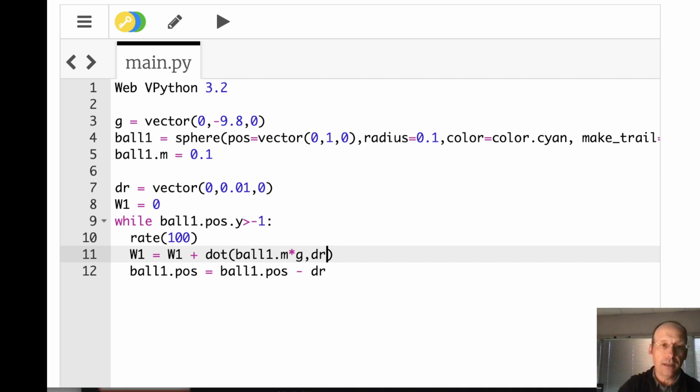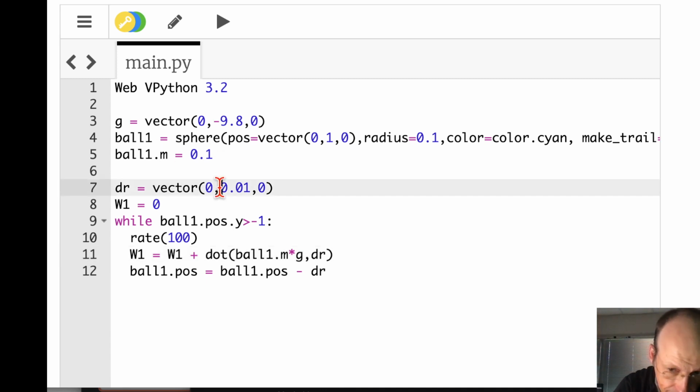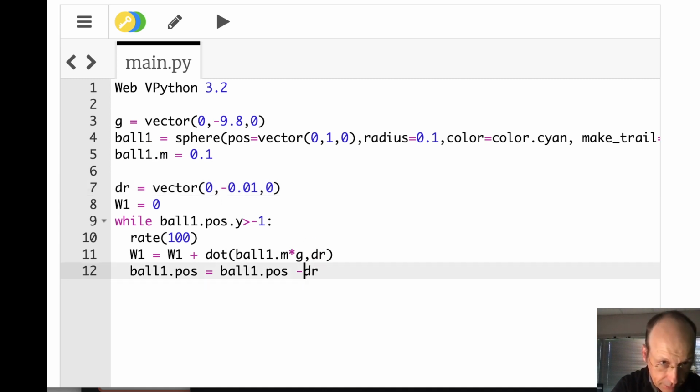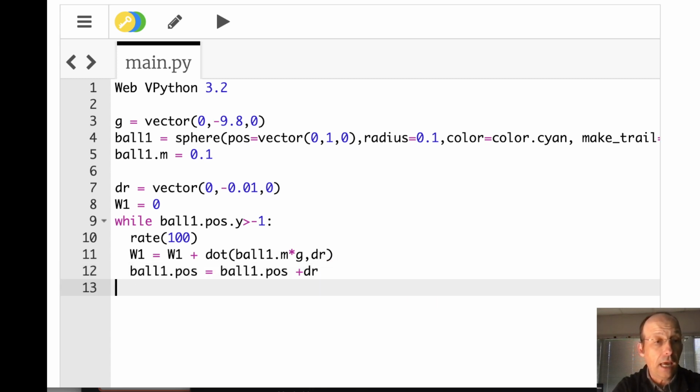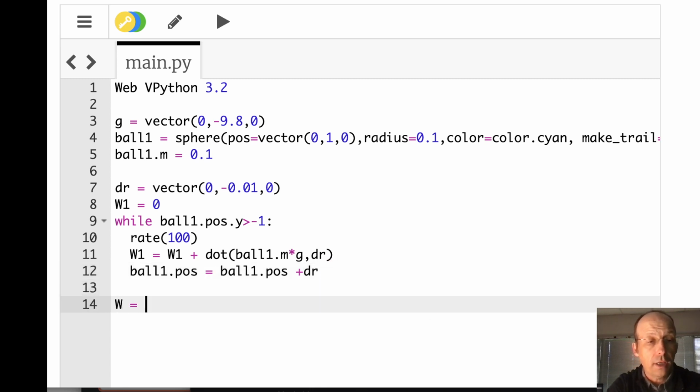Let's make this negative, and let's make that plus. Right. So now I'm dotting them in the same direction. And remember, this should be a positive work done by gravity, because gravity's pulling in the same direction that it's moving.